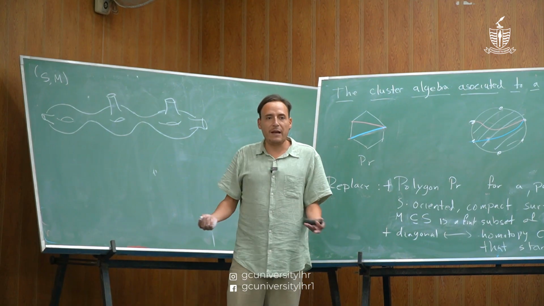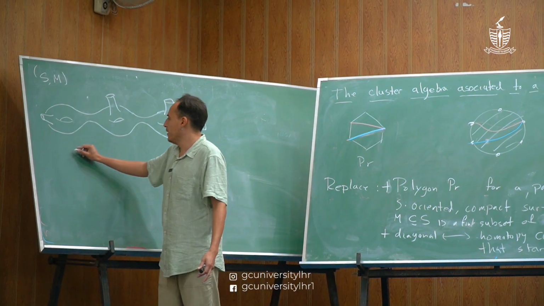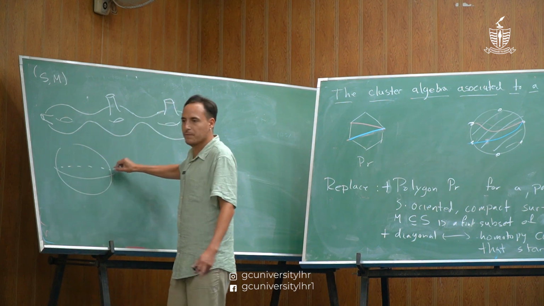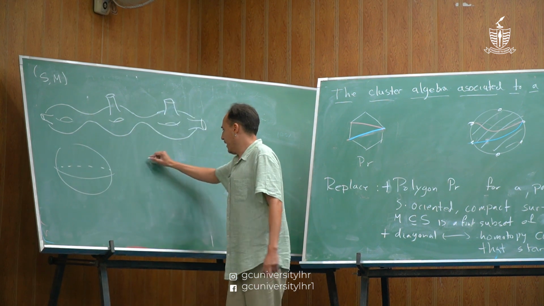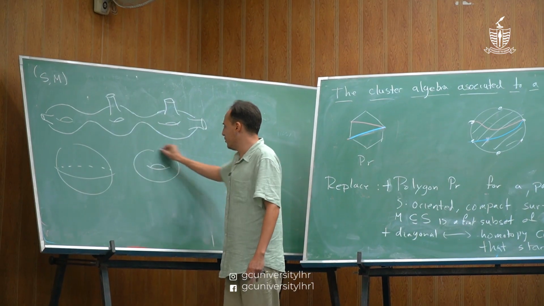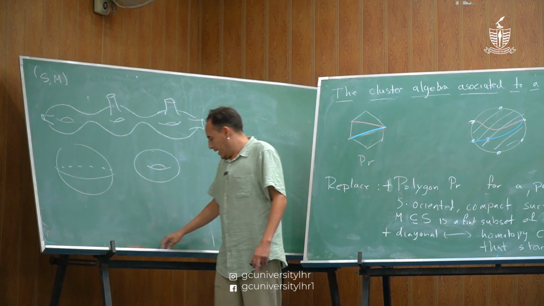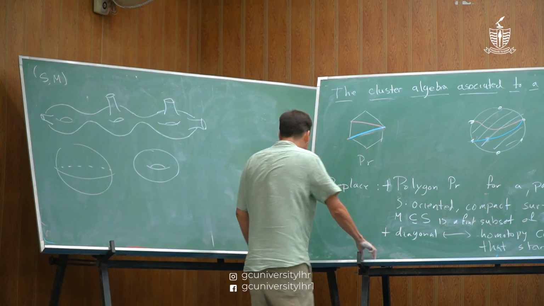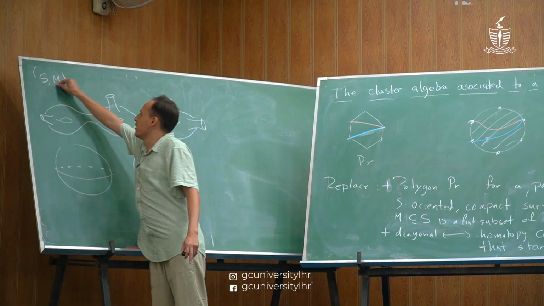It could also have empty boundary. It could be a sphere, for example. It could be a closed donut. And then I'm also considering marked points inside this guy. So the marked points are going to be in red. This could be a marked point, marked point, marked point.